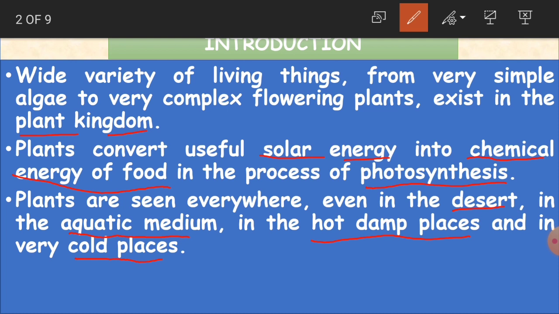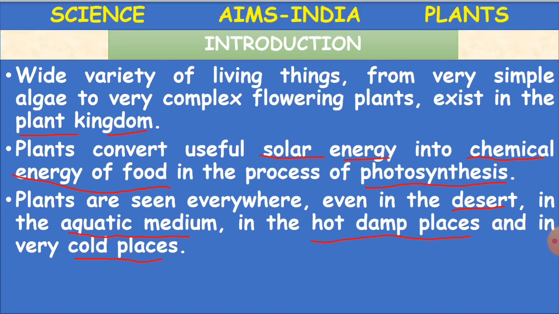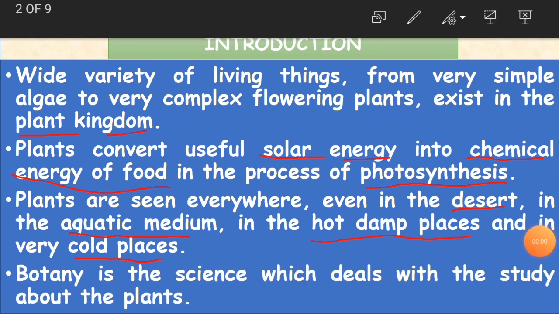So all these areas are covered again with plants. Okay, botany is the science which deals with the study about the plants. So botany, what is it? It is the study about the plants. So science, like we learn about plants, animals, human body, and all chemical reactions.